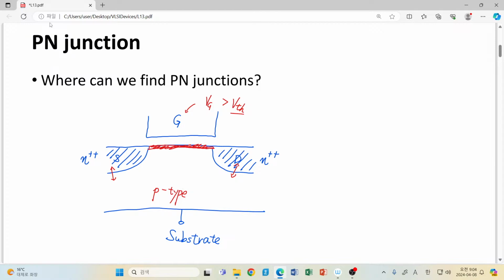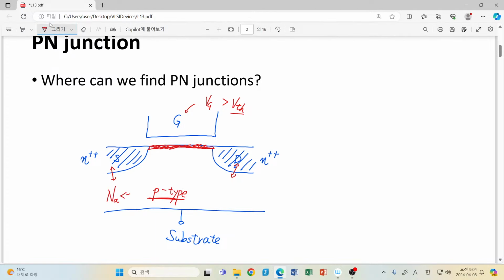We have N plus and P, and my question is, which one shows higher doping density and which one shows lower doping density? Obviously the p-type density, the Na value, is much lower than the value of donors in the N plus region.